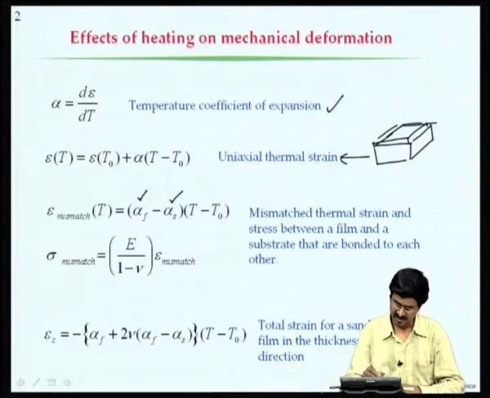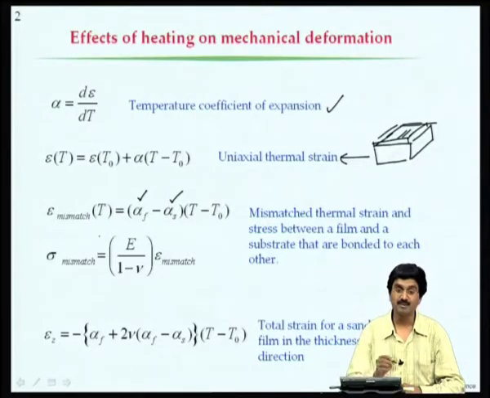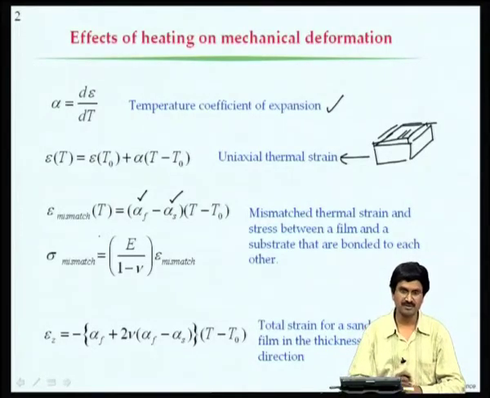So, alpha F is the alpha of the thin film that we have put over that substrate, and the difference of those two will be the mismatch strain. Both of them actually expand to different extents, and that is why there will be a mismatch strain, which we have denoted by the difference of alphas between the two materials times the difference in temperature.